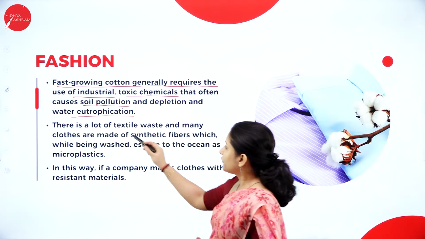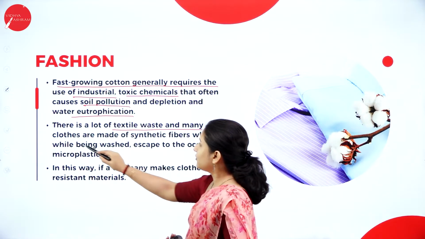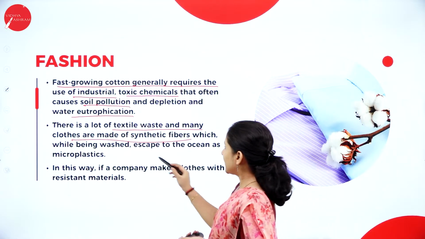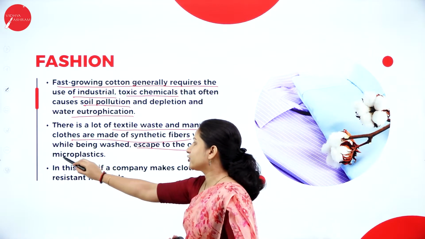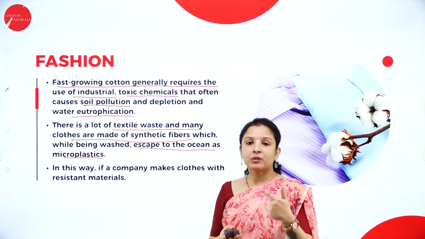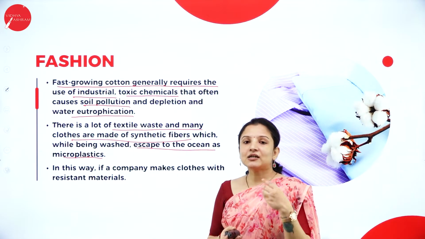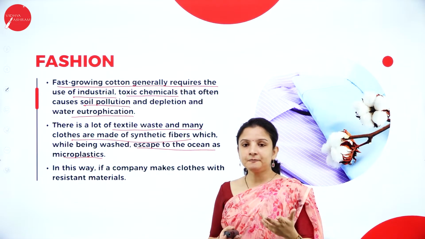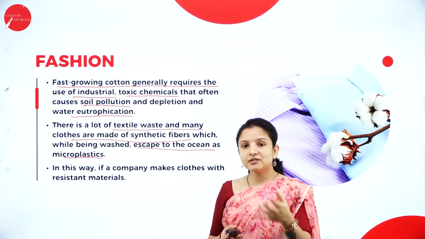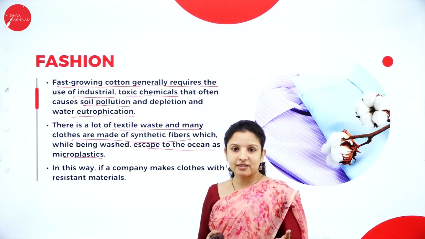There is a lot of textile waste, and many clothes are made of synthetic fibers which, while being washed, escape to the oceans as microplastic. You have a lot of synthetic fibers nowadays: nylon, polyester, rayons. All these are comfortable materials and easier to maintain than cotton. That is why youngsters usually prefer these materials.